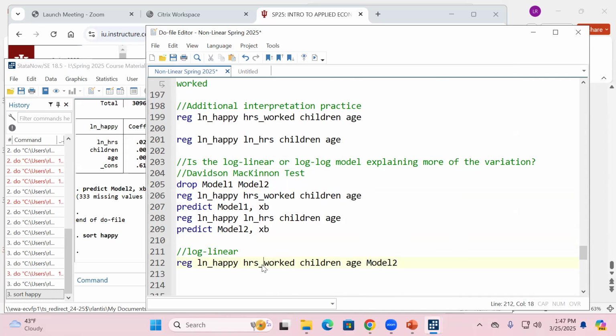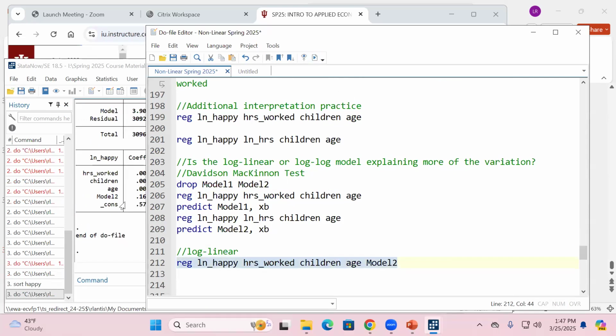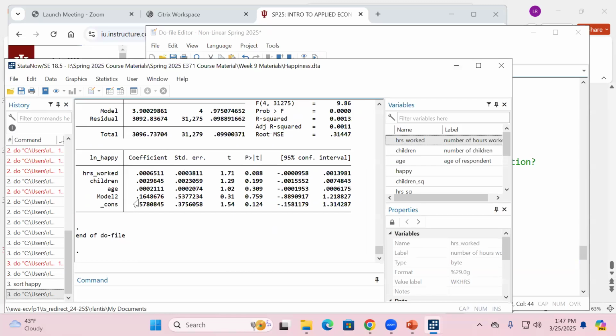So when I run this regression, the coefficient on my second model essentially asks: do the predictions from that log-log model provide any additional explanation of my y variable that my linear term from this regression doesn't explain? From that second model, can I say that it has any statistical significance? Not even close, right? So this would indicate I should not be using model 2.